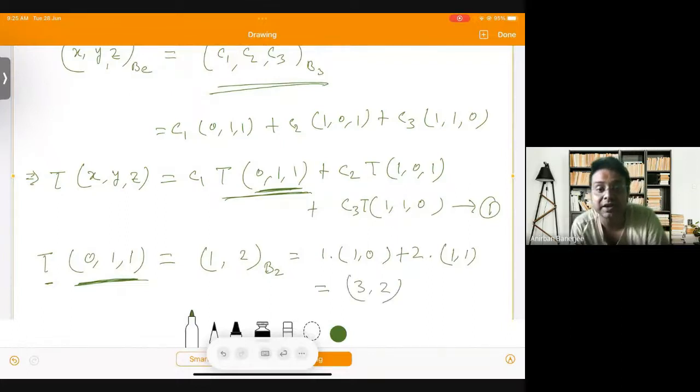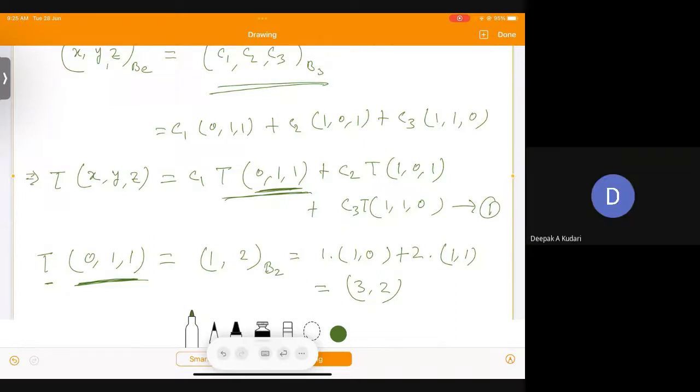Sorry, which one is minus 1? The first one. Minus 1 into 1 comma 0.